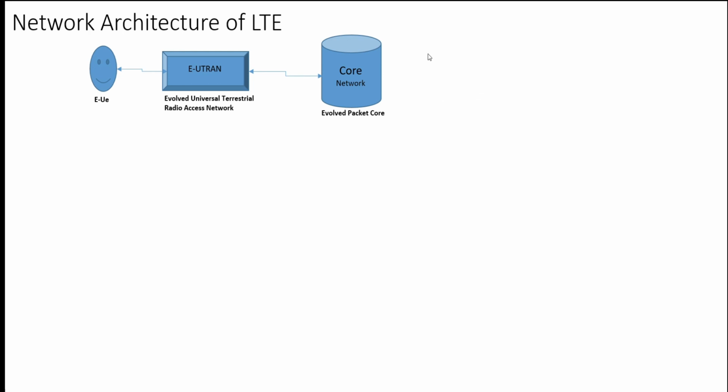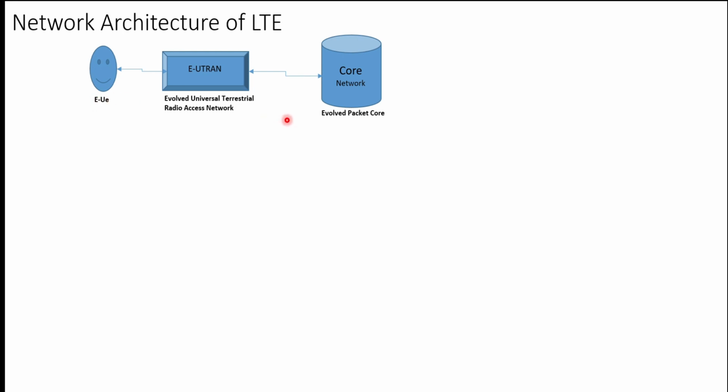In this diagram you see the high level overview of the network. One component is EUTRAN, the Evolved Universal Terrestrial Radio Access Network, and the other is the core network, EPC, the Evolved Packet Core, and the EU, the evolved user equipment, is connected to these networks.